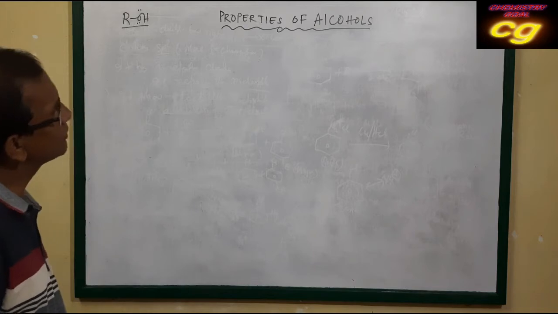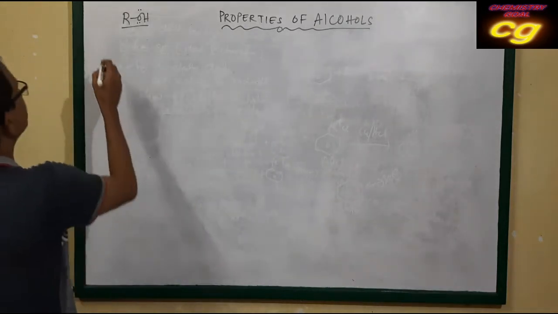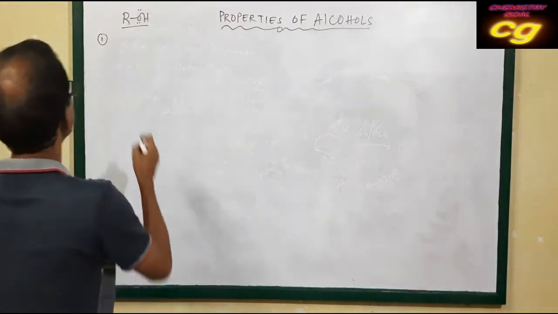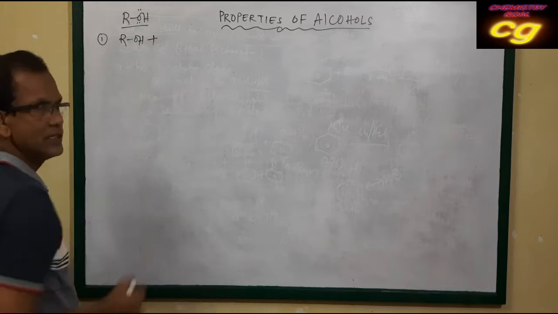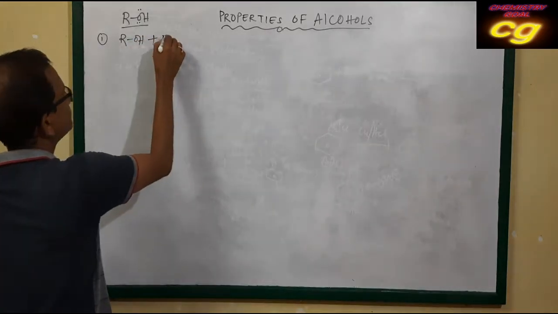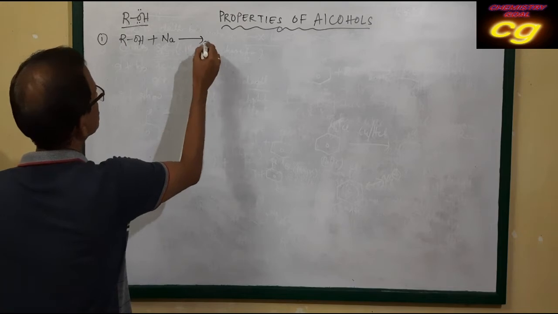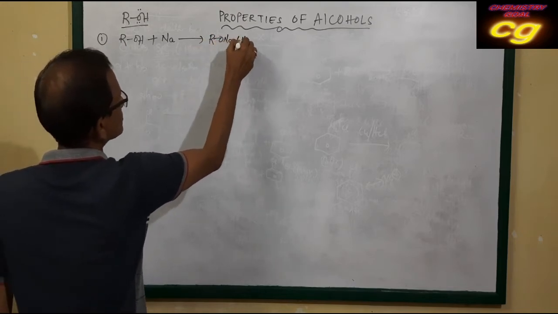So what are the properties of alcohol? Let us discuss. First, acidic properties of alcohol. If alcohol reacts with reactive metals like sodium, it produces a salt, RONa, plus H2.